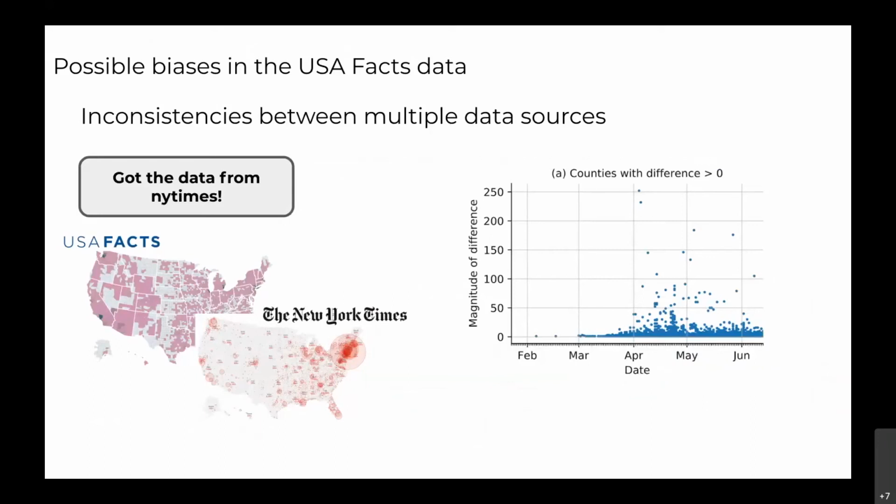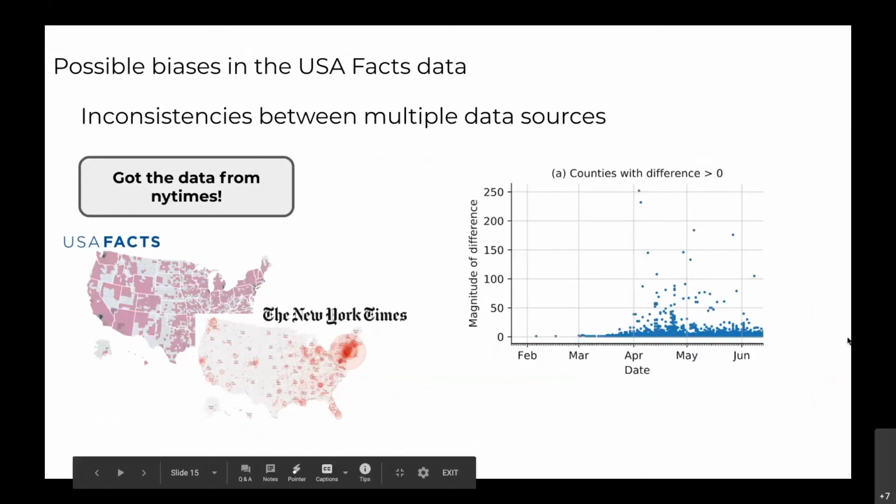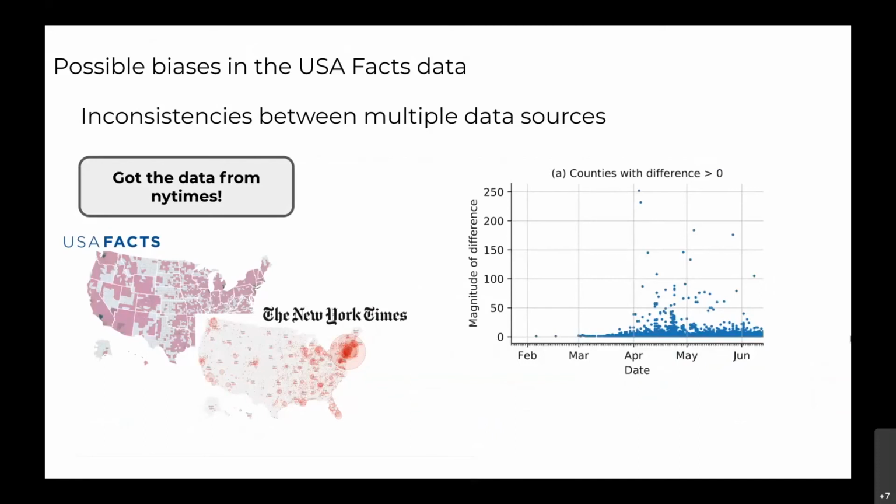We also observe some inconsistencies between different data sources. In particular, in our repository we have data from USA Facts and the New York Times. While they both report case and death counts, sometimes they report different numbers for some counties at some date.